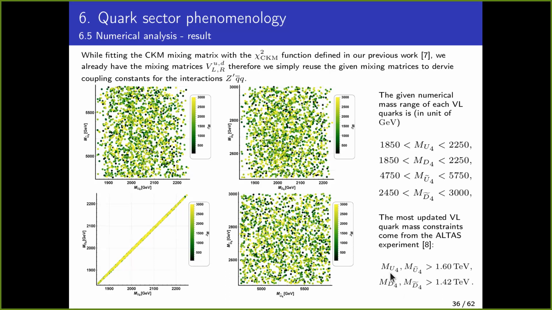The up-type doublet should be heavier than 1.6 TeV, and the down-type 1.42 TeV. Fortunately, the scanned numerical quark masses are free from this constraint, which means the quark sector is also not ruled out by this ATLAS experimental constraint.